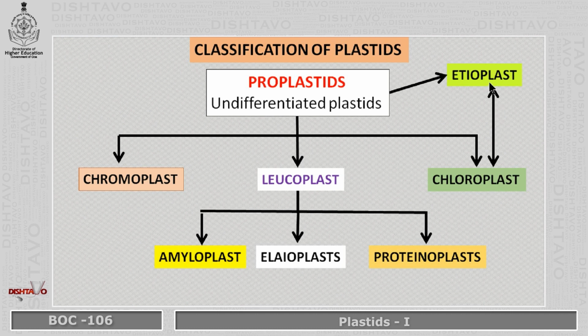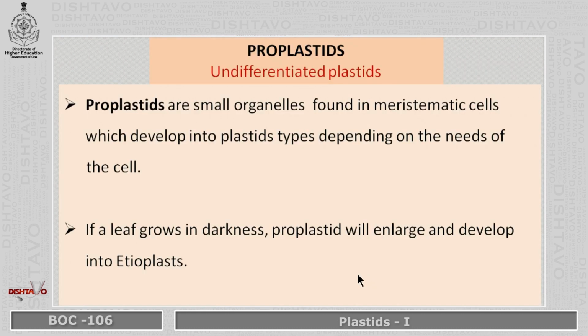Here we also have the etioplast. Etioplasts change their form into chloroplasts and back again; we'll come back to that. Leucoplasts are further classified into three types: the amyloplast, the elaioplast and the proteinoplast.